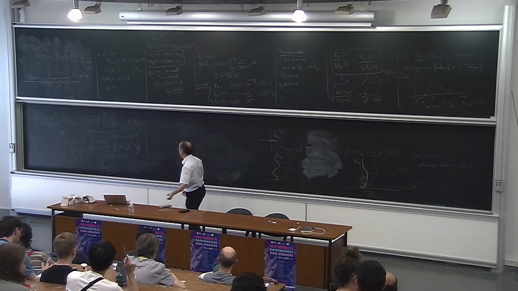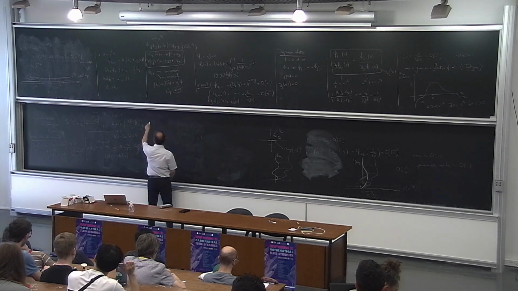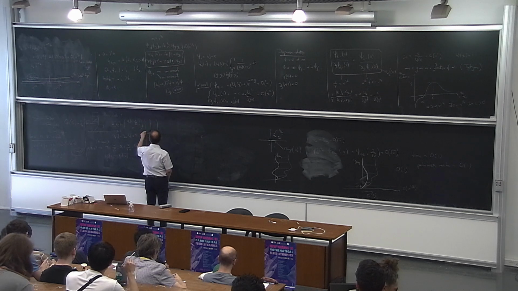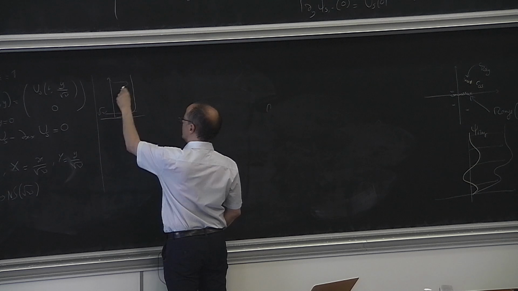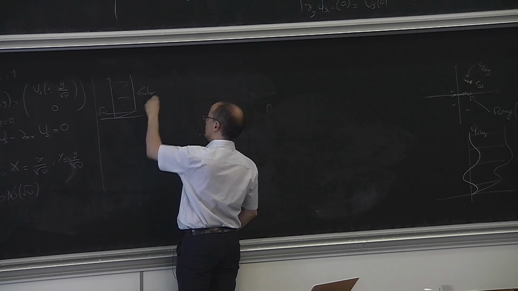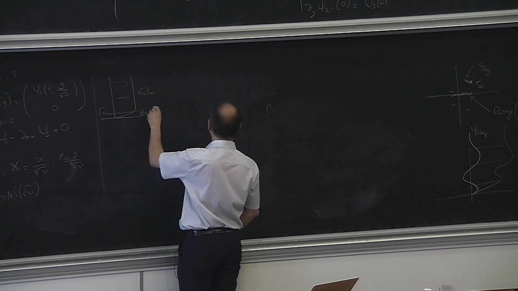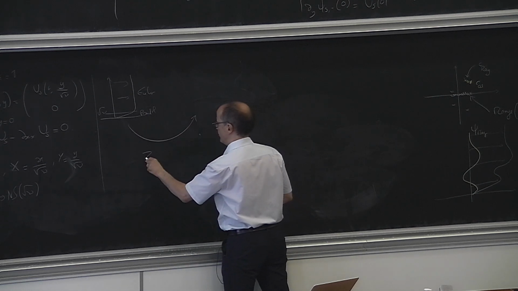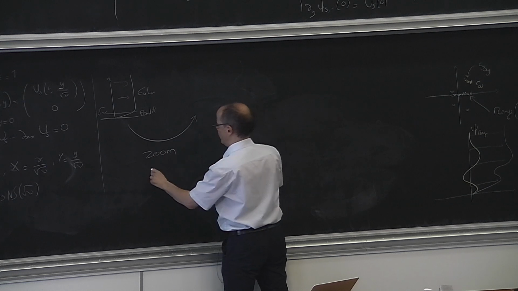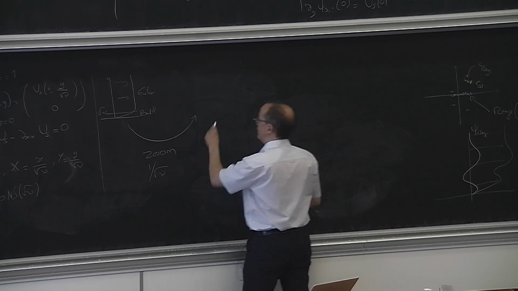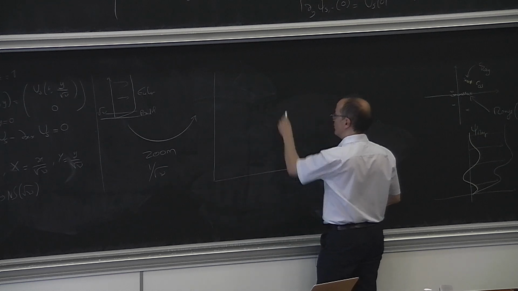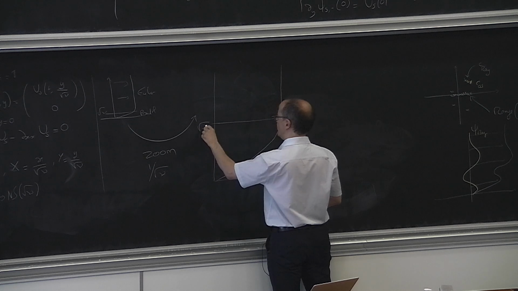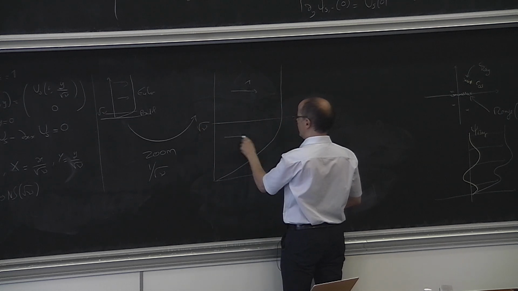So then I have this, Euler, frontal, and what can I make? Make a zoom by a factor 1 over square root of nu. And so I am now with something like that. Square root of nu, 1, and here.